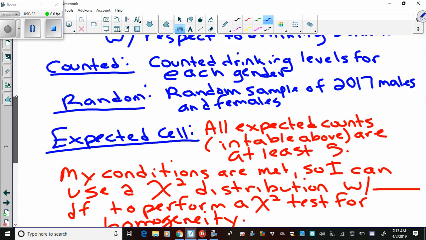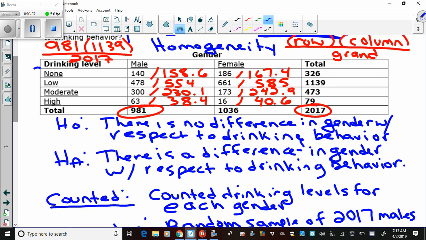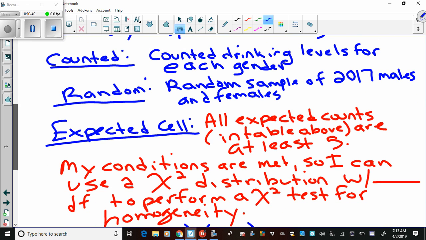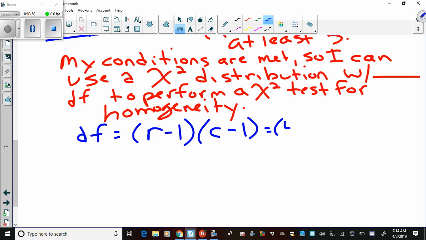So if I look at my table, I have 4 rows and 2 columns. So for my rows, I'm taking 4 minus 1. My columns, I'm taking 2 minus 1. So that gives me 3 times 1, or 3 degrees of freedom.